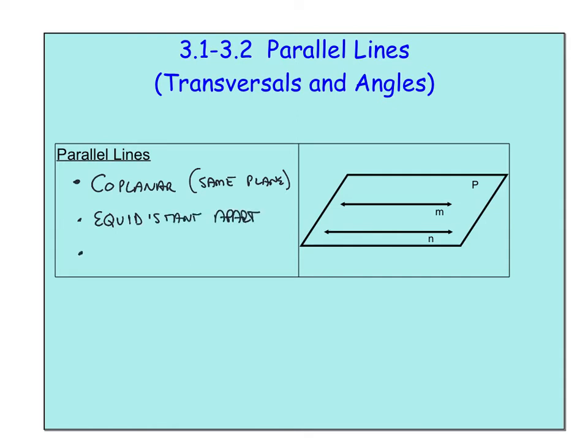If you want to say never touch, that's fine, but there are other types of lines that never touch as well, and they're not necessarily parallel. So when we talk about parallel lines, we're talking about same plane and equidistant apart.